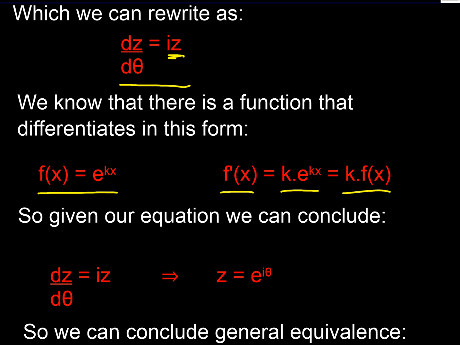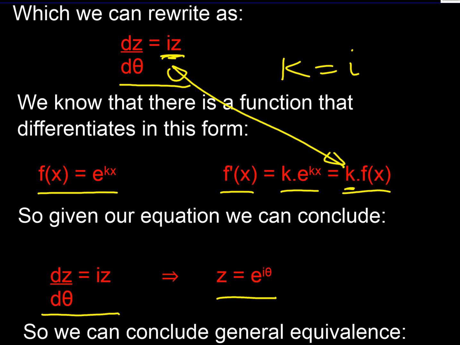So here we've got an i out the front, and there we've got a k in the general circumstance. What we've actually just said is that our k in our case must be i. So if dz by d theta equals i times z, then z must equal e to the i theta.